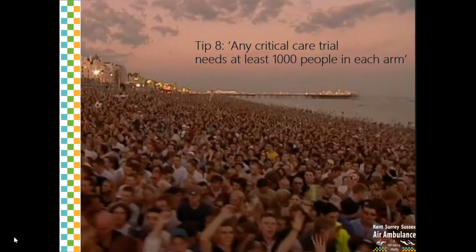There may be some out there, but I'm always slightly suspicious when people run trials and, when working out how many people to put in, they say they expect a difference between intervention and control of more than a 5% drop in mortality. The reason that's important is that when you're working out how many people to put in the trial, one of the key factors is how much of a difference you expect between the control and intervention arm.